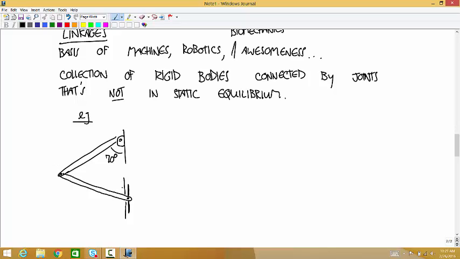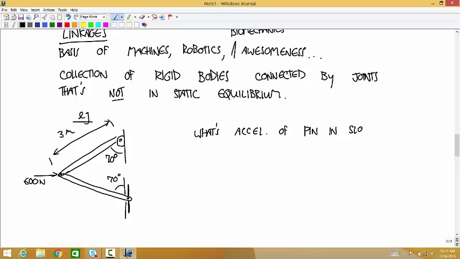And these angles are the same. This is 3 meters long. And let's say you apply 600 newtons to that pin. What's the acceleration of the pin in the slot?